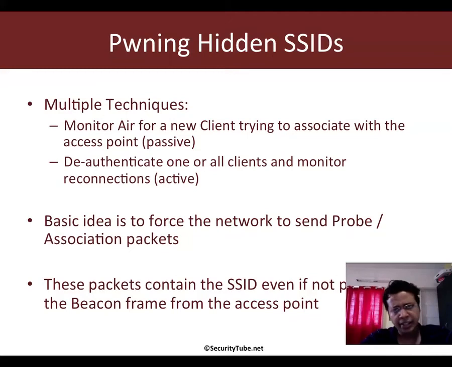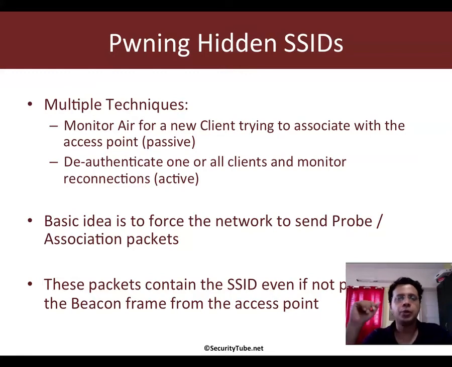Now, the second technique is an active technique, and this is where patience is probably not a virtue for you, and you really don't want to wait. What you really want to do is immediately figure out the SSID. So how do we do it? Very simple technique.